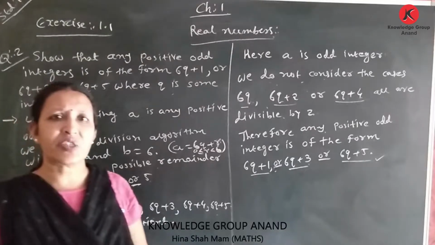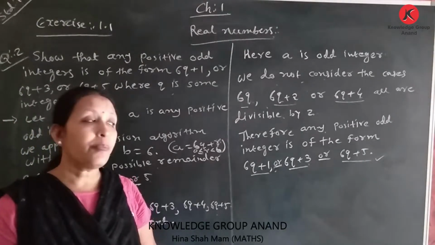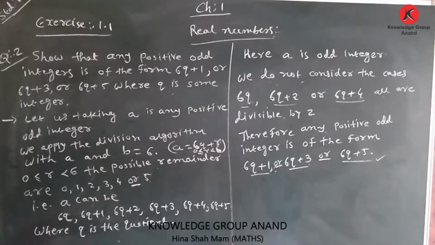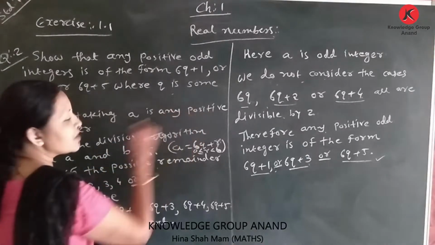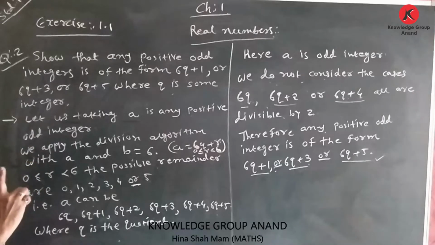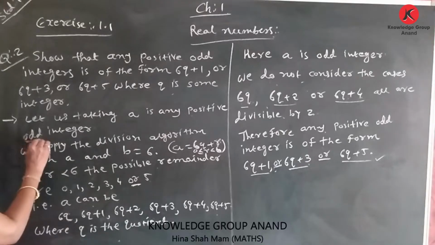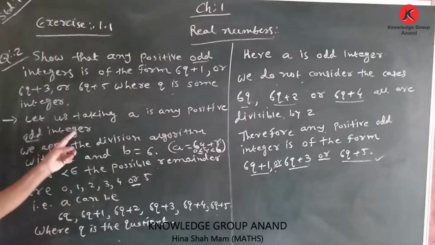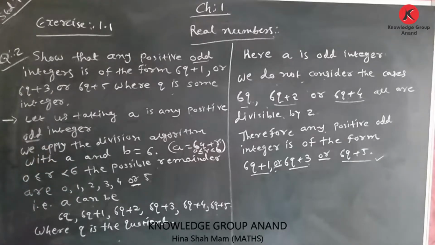Here the condition is any positive odd integer, therefore we take a as an odd integer.